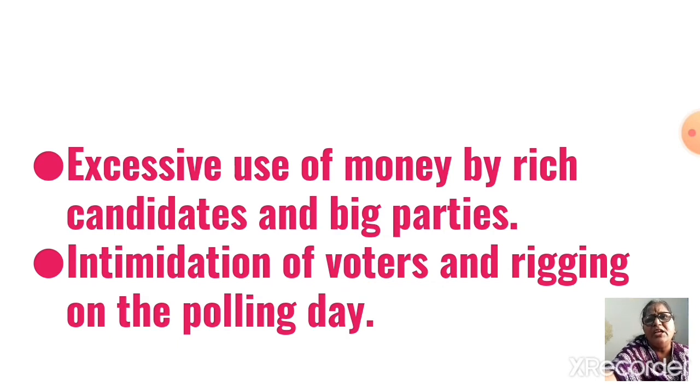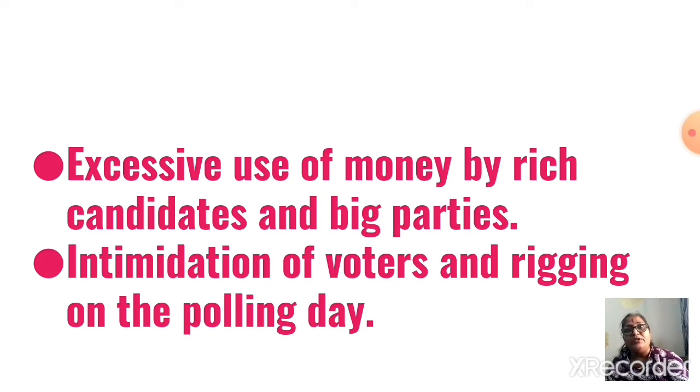And rigging means electoral fraud. It involves illegal voting or interference with the process of an election, either by increasing the vote share of the favorable candidate or by depressing the vote share of a rival candidate, or both.